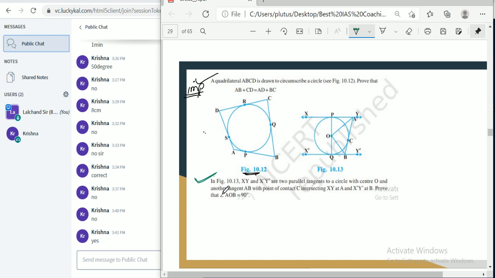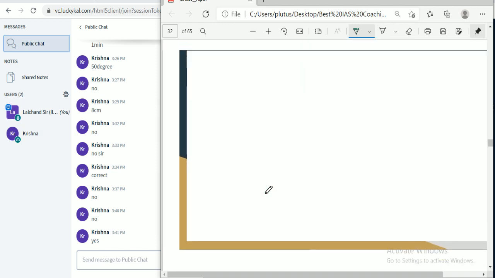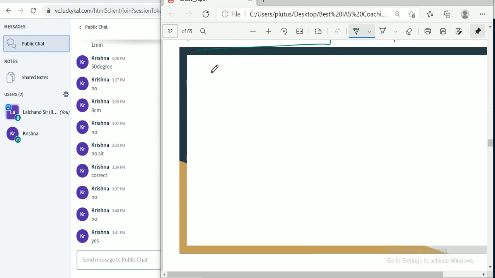We need to prove this angle AOB, that this angle is 90 degree. If we make this diagram, we have two parallel tangents first, and this is the circle.